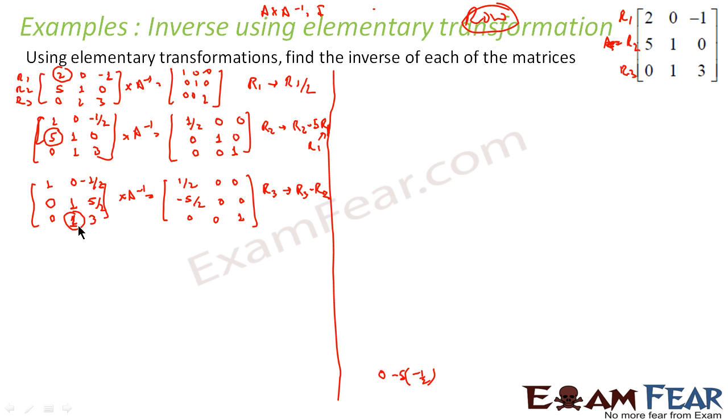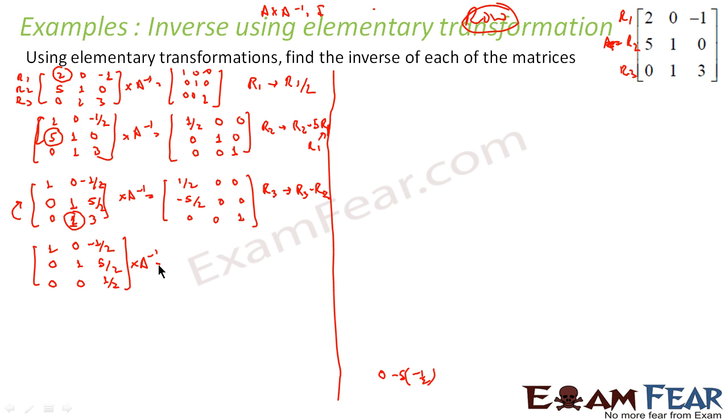Why? This element minus this element becomes 0. Other things won't get impacted because this is already set. R3 is impacted: 0 minus 0 is 0, 1 minus 1 is 0, and 3 minus 5 by 2 is 1 by 2. Correct? 3 minus 5 by 2 is 1 by 2.